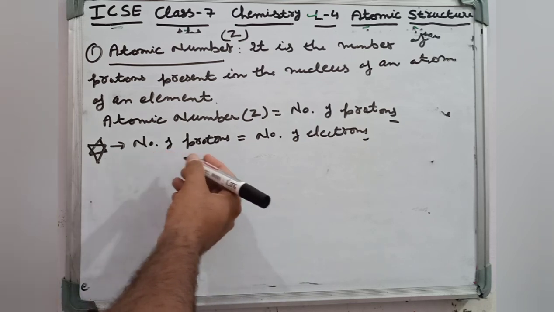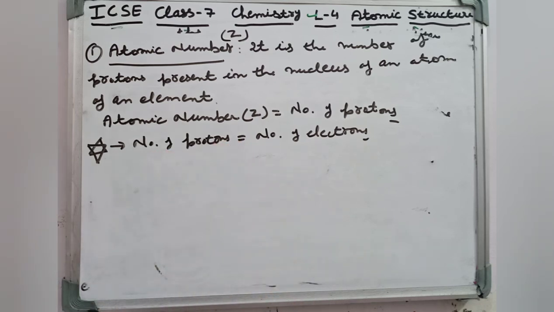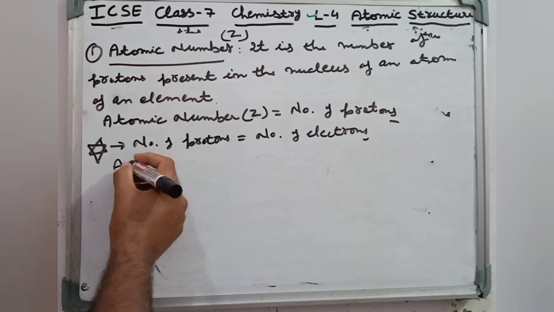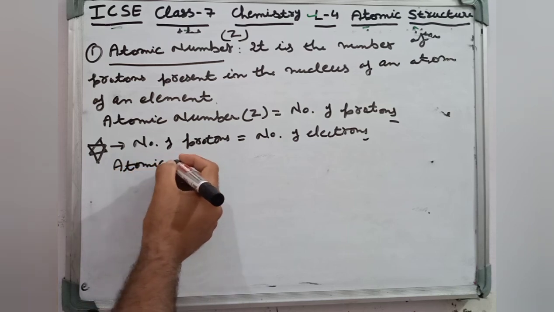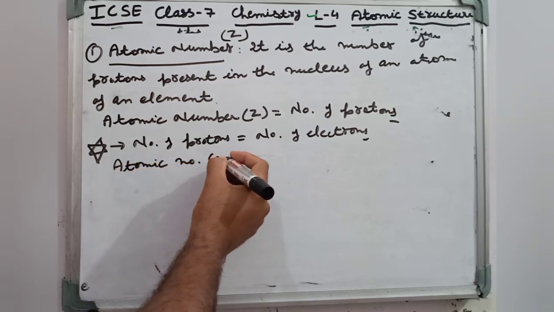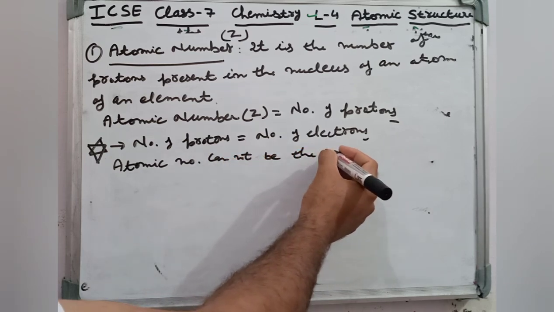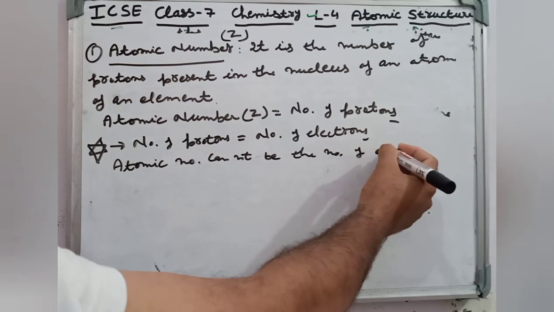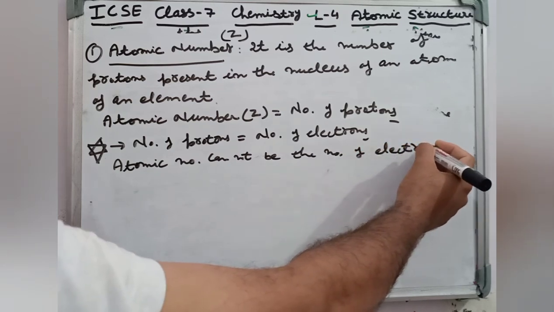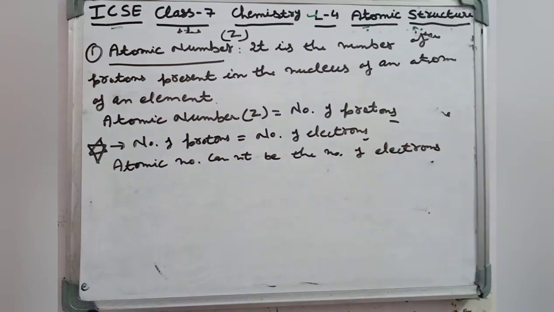Now why have I given it a star? Because atomic number cannot be the number of electrons. Why?